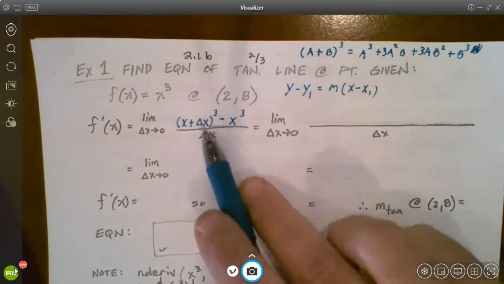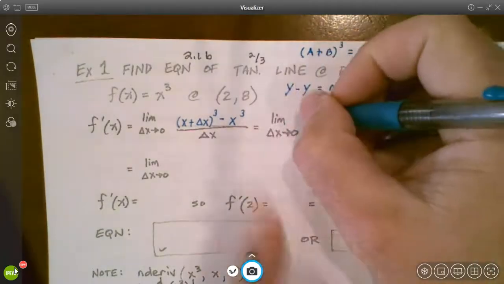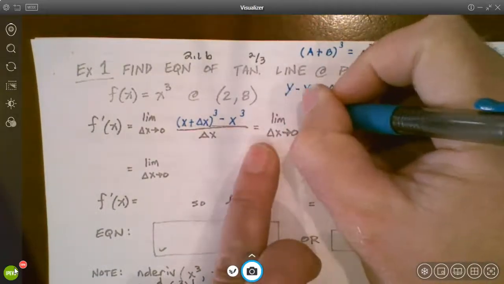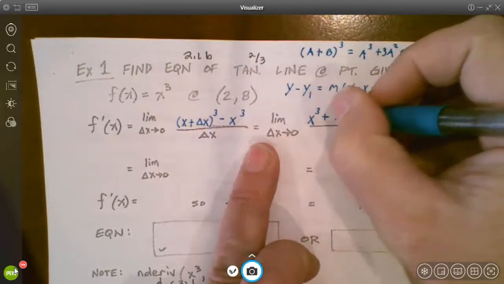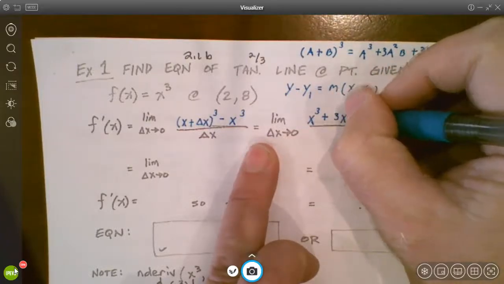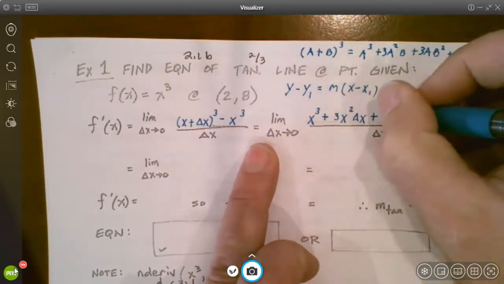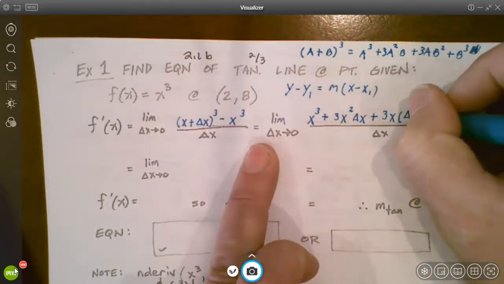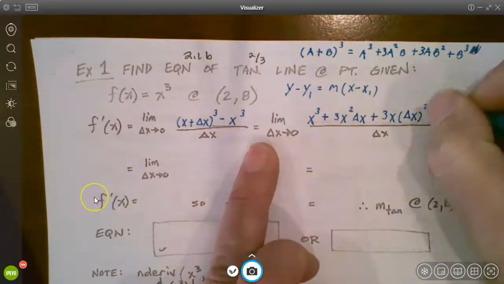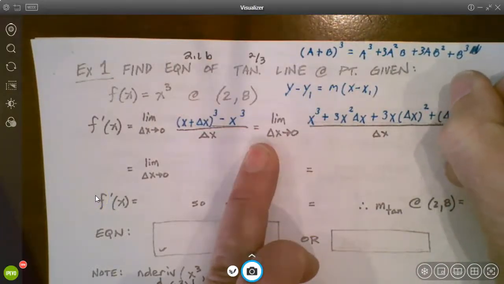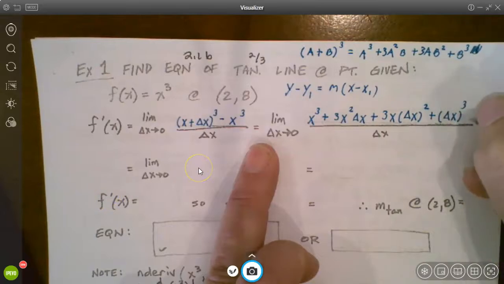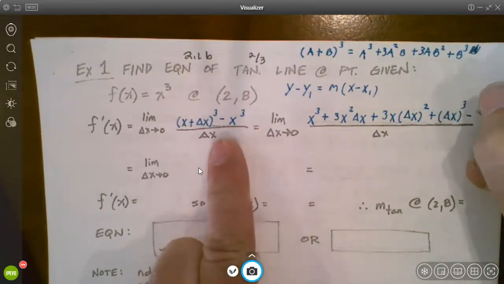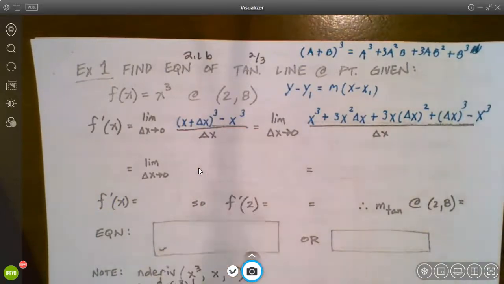So if I apply that to just this first part of the expression, we're going to be looking at x to the third plus 3x squared delta x plus 3x delta x squared plus delta x to the third, and then I'm just going to bring over the minus x to the third.